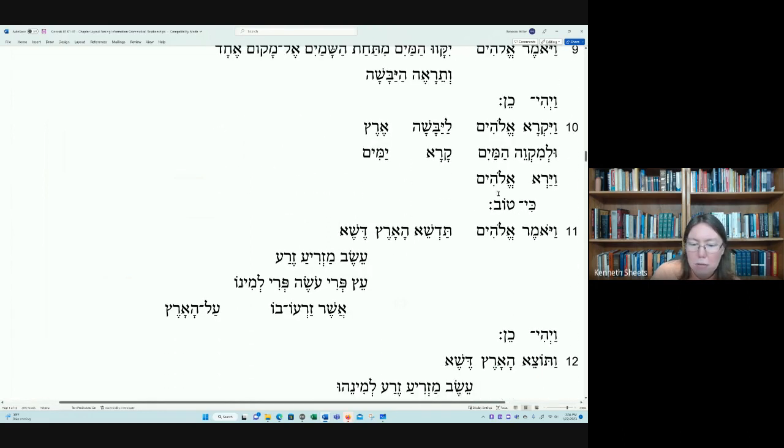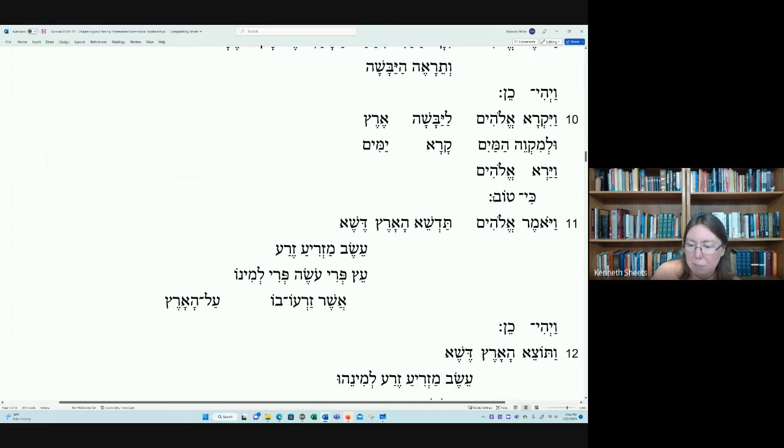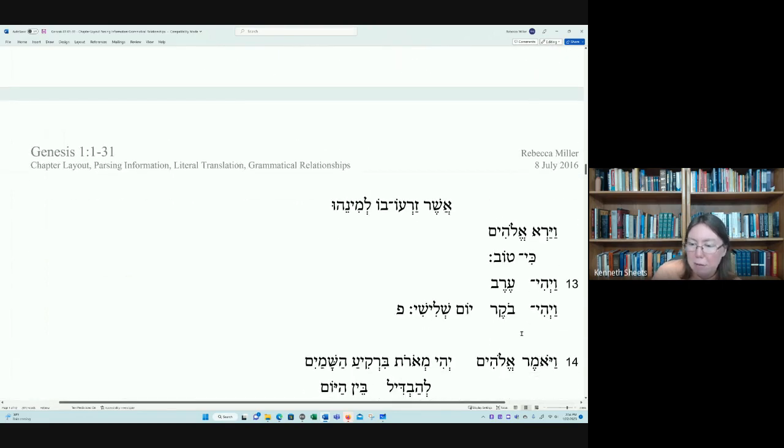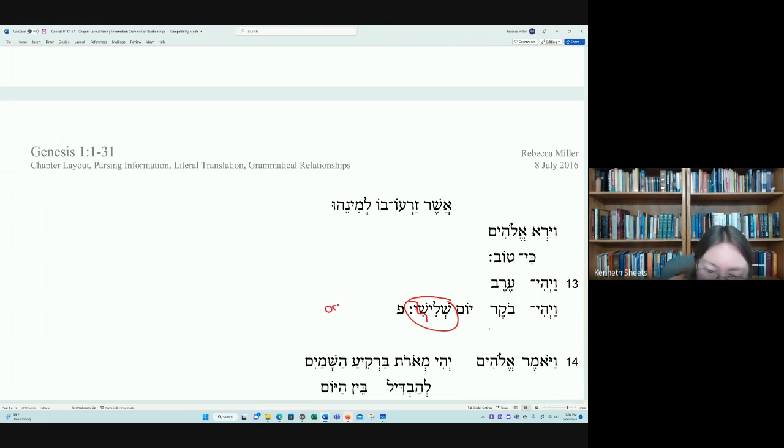Okay. Well, let's come on down a little bit further and see what we have. Vayihi erev, then existed evening. Vayihi boker, then existed morning. Yom shlishi. Uh-oh. Do you see that Hickory ending again? That lets me know we're dealing with the ordinal number third here.